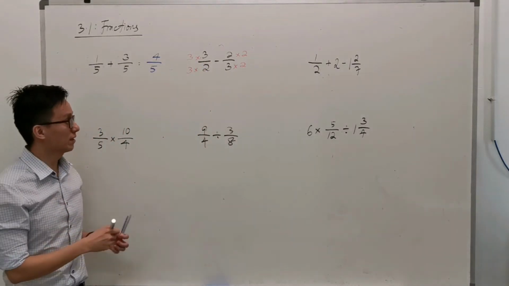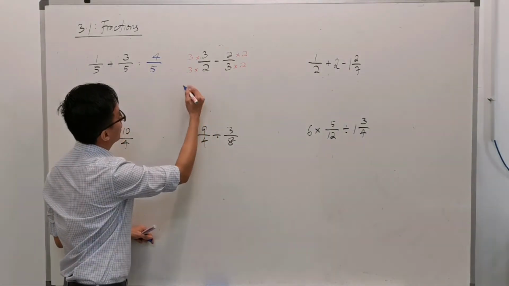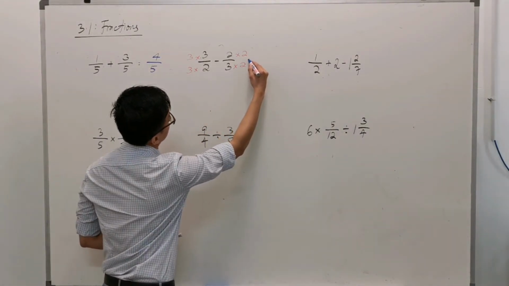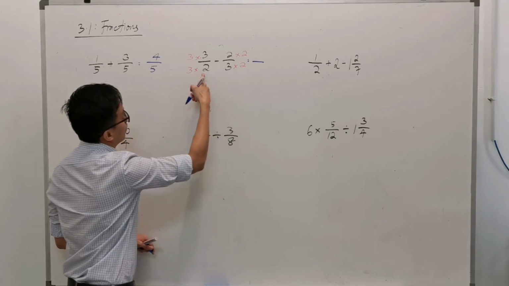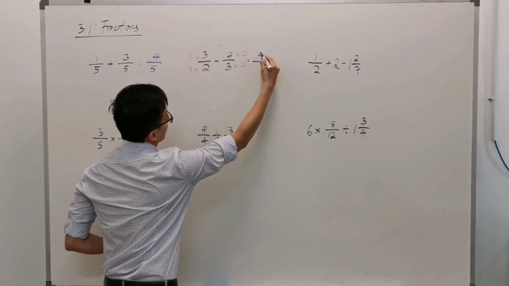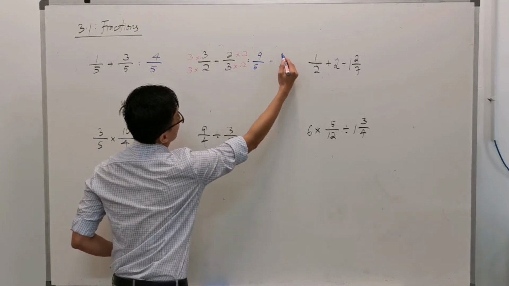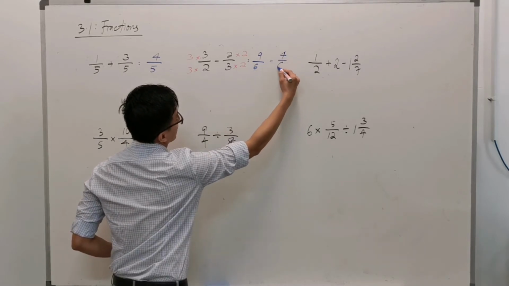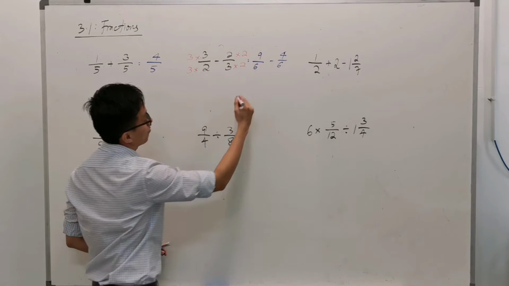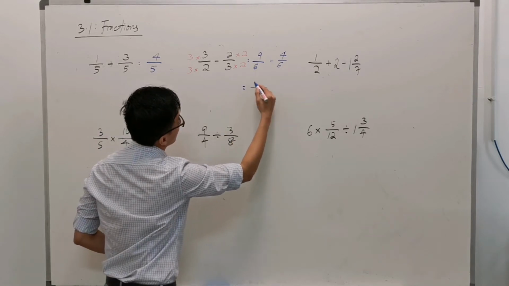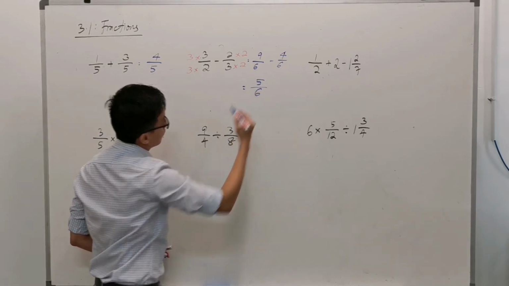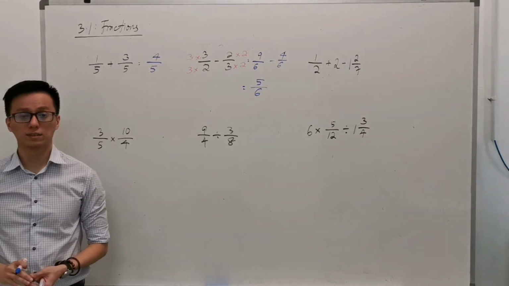So what we get here is 9 over 6 minus 4 over 6. So my answer will be 5 over 6.